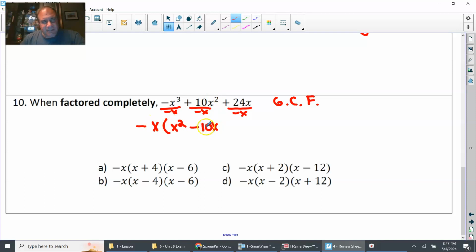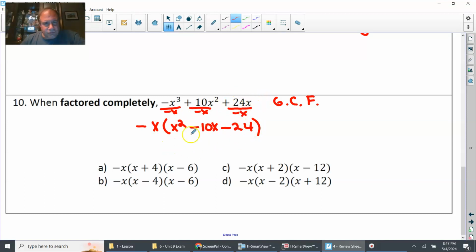Negative x times negative 10x is positive 10x squared. Negative x times what will equal a positive 24, so that has to be negative as well, and 24. Negative x times negative 24 will equal positive 24x.